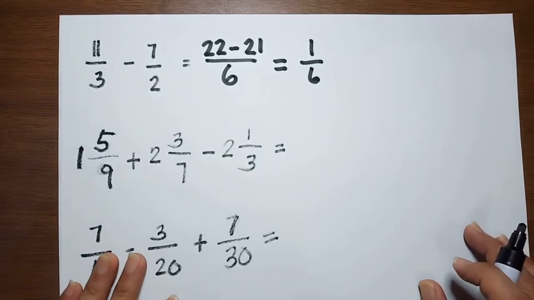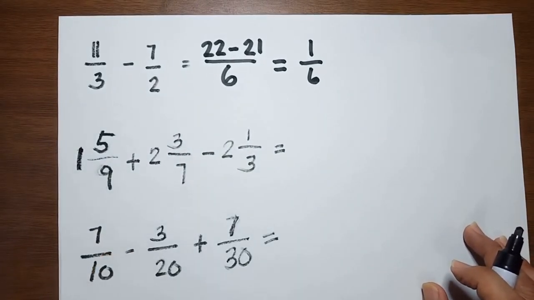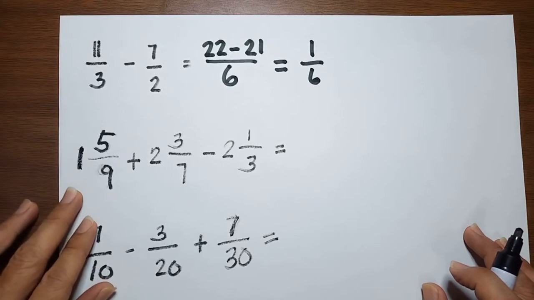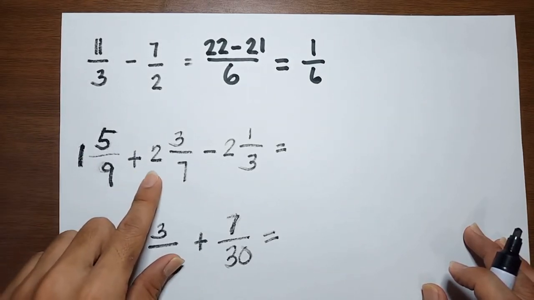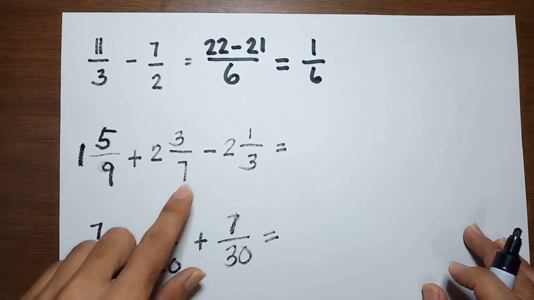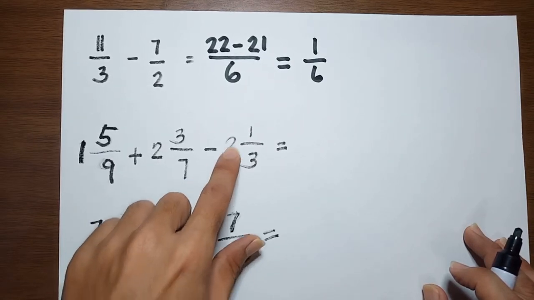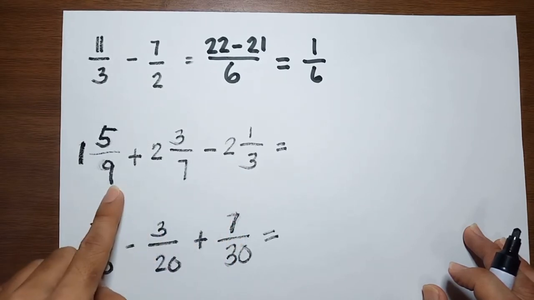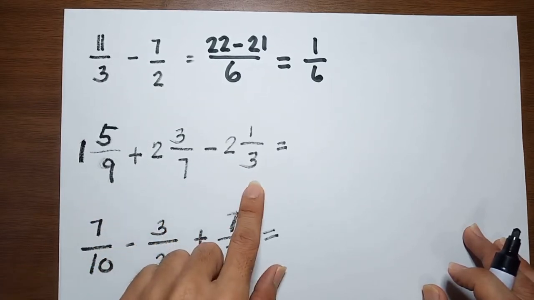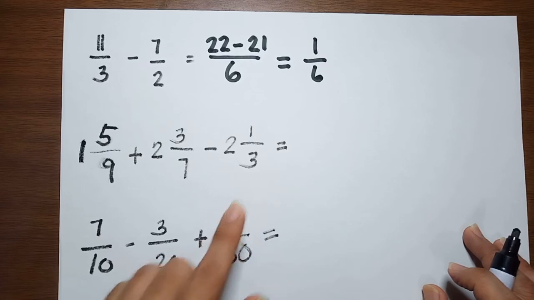Okay, next example. How about if we are given 1 and 5 over 9 plus 2 and 3 over 7 minus 2 and 1/3. We check the denominators 9, 7, and 3. Of course they are different.